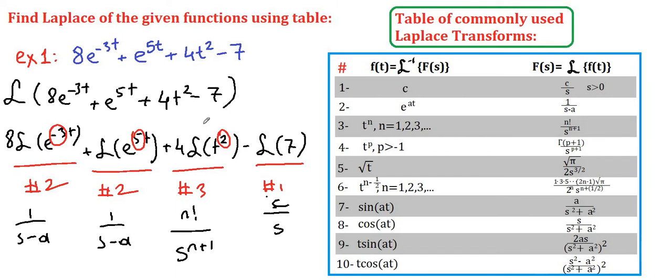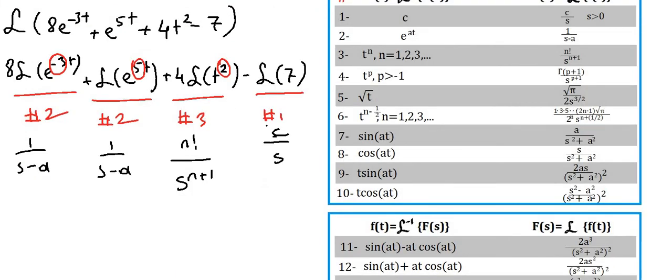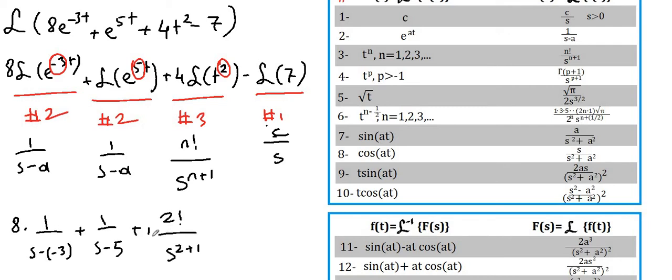Now we can take the Laplace of each term. The first one will be 8 times 1 over s plus 3, plus 1 over s minus 5, plus 2 factorial over s to the 2 plus 1 times 4, minus 7 over s.